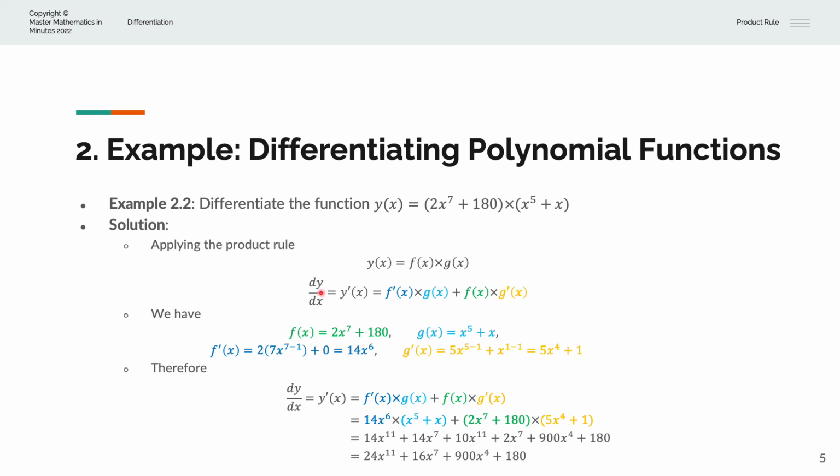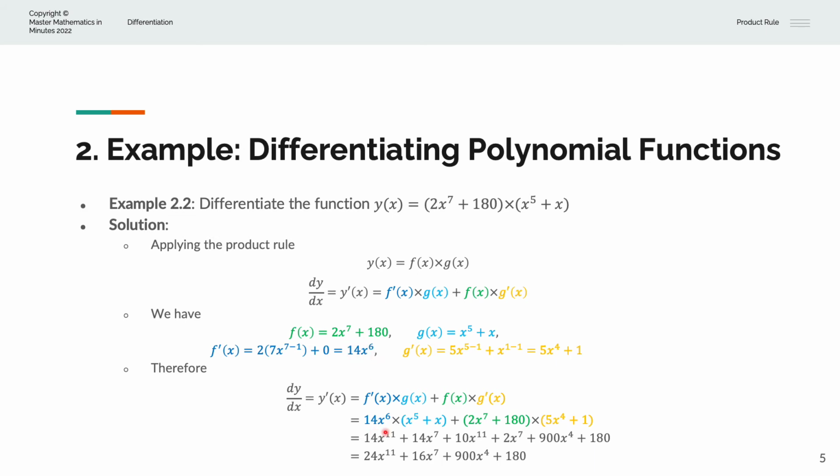So we have stated dy/dx again here. It's identical to that equation there. What we will then do is substitute each of these individual four functions, which we have calculated at the top. So starting with f prime of x, that is 14 times x to the power of 6.